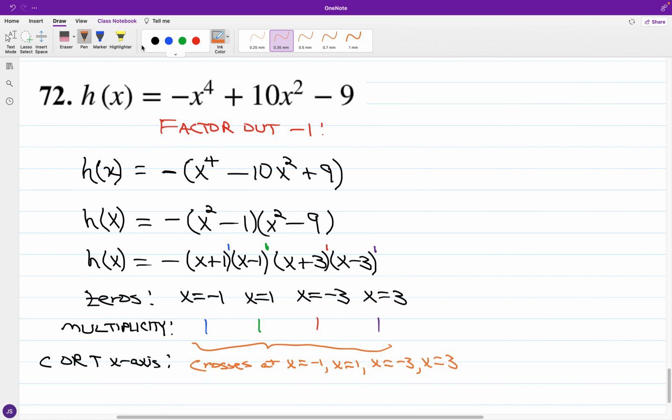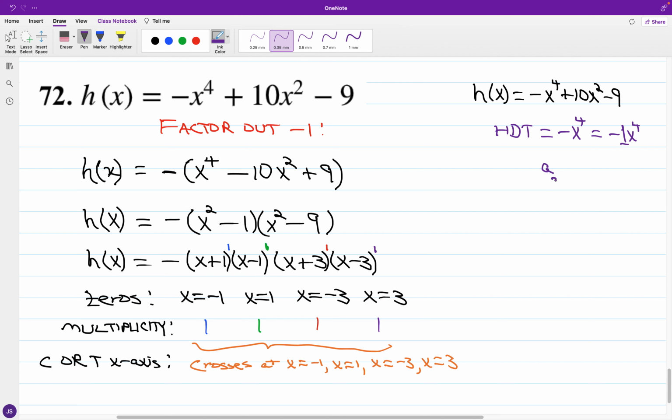And for what we have for h of x, now looking at the end behavior, with the highest degree term, you have negative x to the 4th, or minus 1x to the 4th.